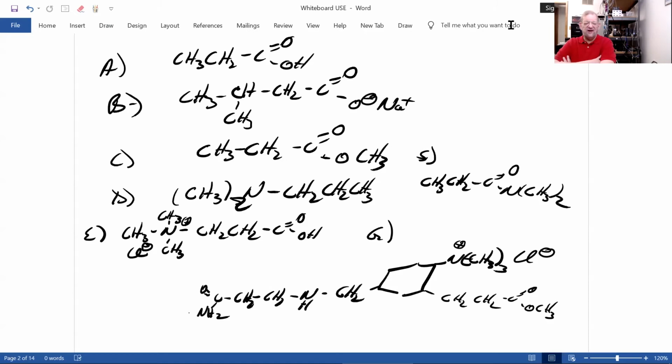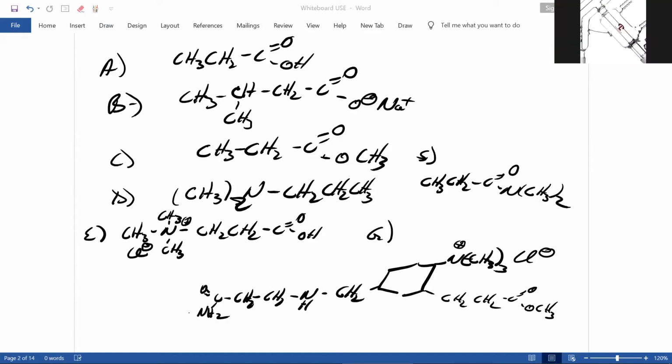Now, if you look at G, I think I threw everything in there but my kitchen sink. Nah, it wouldn't have fit in there.